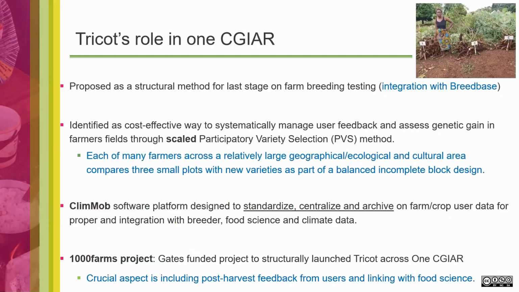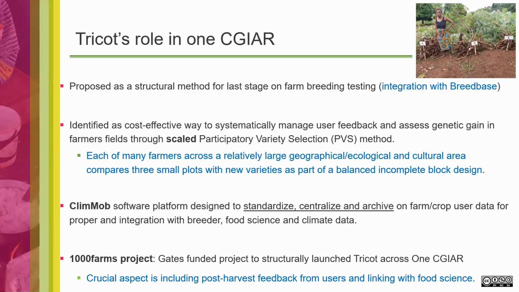So TRICOT's role in One CGIAR. TRICOT is proposed as a method for late-stage breeding, a kind of structural method to upgrade the data of on-farm testing. On-farm testing a lot of times is not very centralized. A lot of data are not well managed, and it is kind of separate from all the breeding data, and that's what TRICOT has been identified to solve.